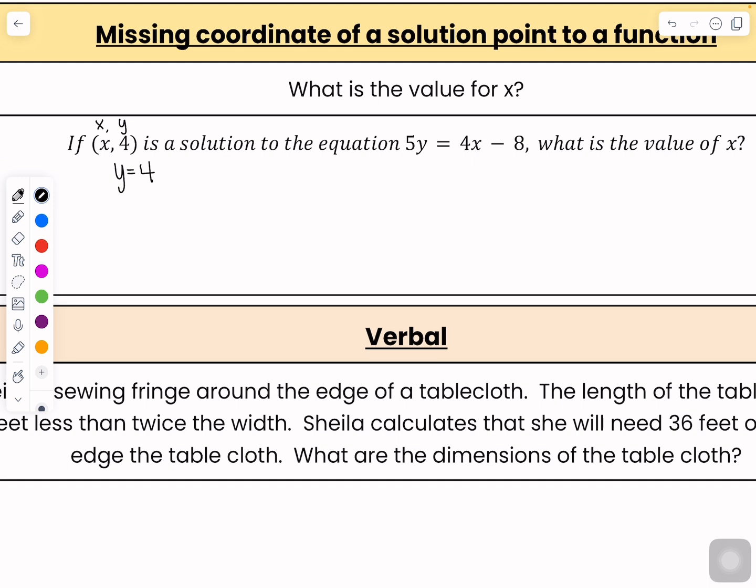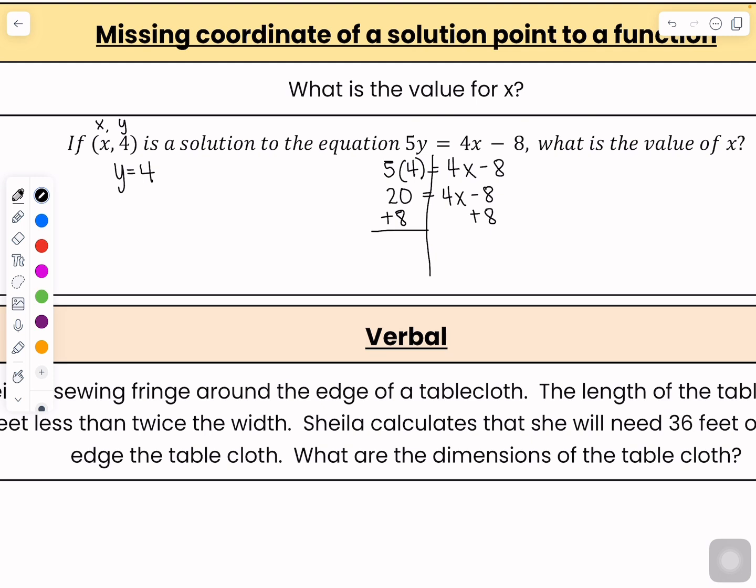Let's plug this into our equation. 5 times 4 is equal to 4x minus 8. We know that 5 times 4 is 20, which is equal to 4x minus 8. If we move our constants together, we will add 8 to both sides.